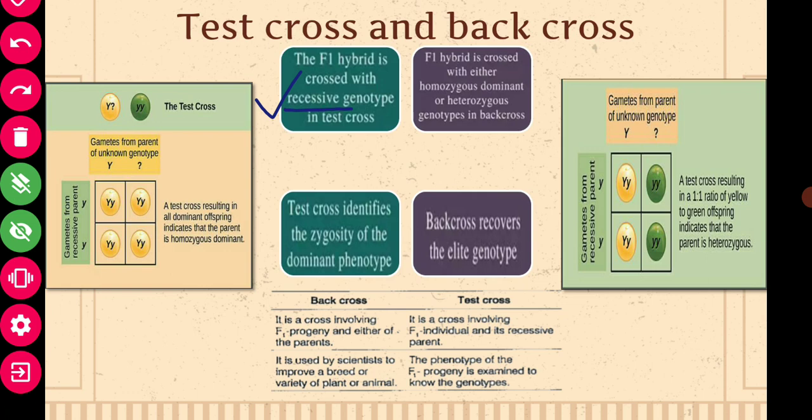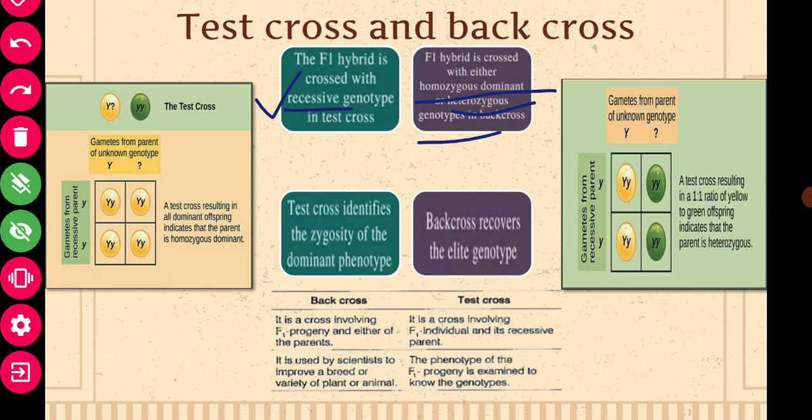But if F1 is crossed with either the homozygous dominant or the homozygous recessive, it is called a back cross. That means all test crosses are back crosses, but all back crosses are not test crosses. So this is the difference between test cross and back cross.